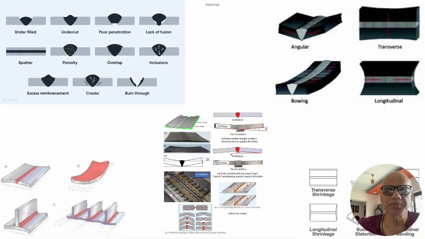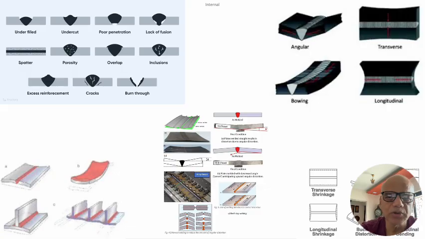But actually it has penetrated, it has only come out of the groove, but it has not fused on the sides. Now surely if that happens, visually it is difficult to see it. The dye penetrant test sometimes will reveal it in case the root is penetrated and it has not fused everywhere.